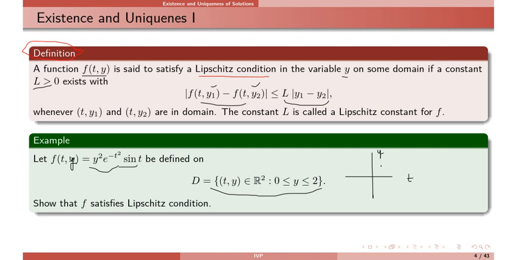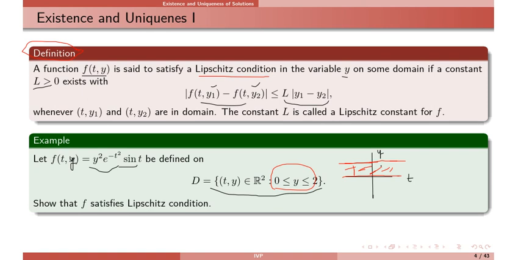So t can take any value. If t is time, then this will be positive, but we are not restricting. t can take any value, but y is fixed from 0 to 2. So you have this domain, and this is an infinite strip. You can go up to infinity.